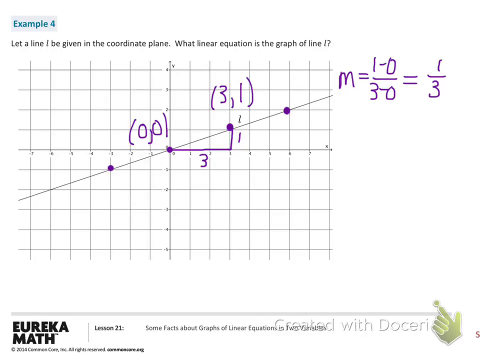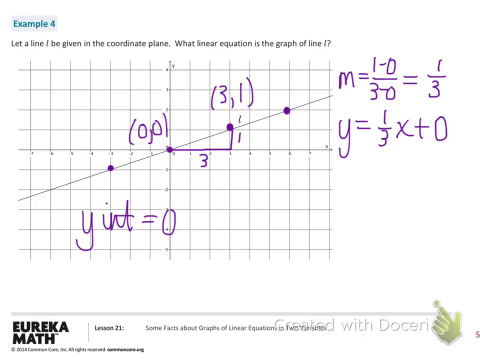Okay, so we actually can go directly to y-intercept form for this one. The reason is that in this equation we know the y-intercept equals 0. So we've got y is equal to m, which is 1/3 x, plus b, which is 0.